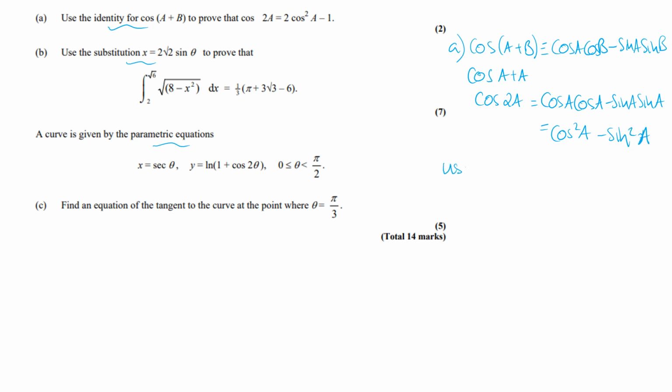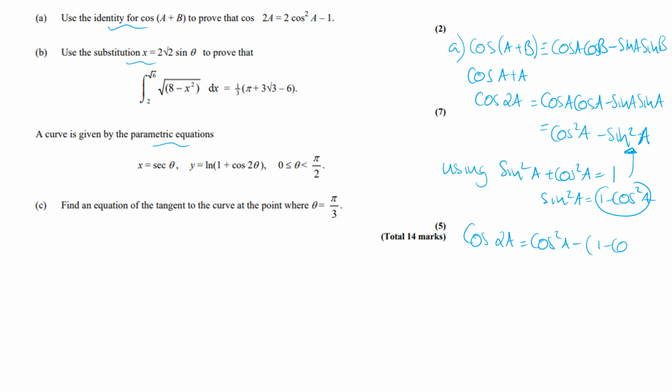And then using the fact that sine squared A plus cos squared A is equal to 1, sine squared A is equal to 1 minus cos squared A. So I'm going to sub that in for that sine squared A. So my cos 2A is equal to cos squared A minus 1 minus cos squared A. And then the minus here will make a plus, minus minus.